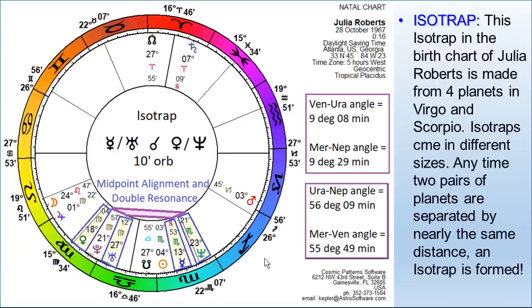And when you're under 15 minutes, it appears to really be strong and have a clear effect. Now, we don't know yet what the orb is for isotraps. We haven't done careful enough controlled research, the extreme case sampling studies, or some other kind of study to be really certain and to feel comfortable when we apply that idea with clients.